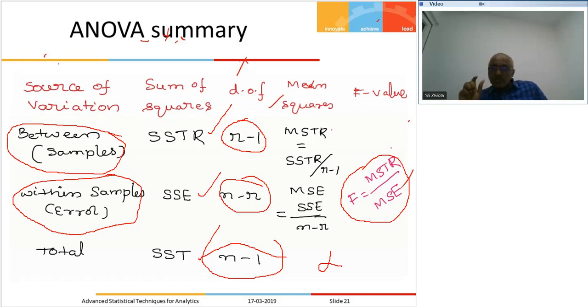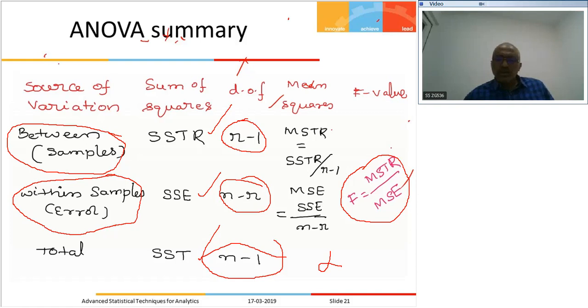In the F distribution table we have two types of degrees of freedom. I think I forgot to copy the table to show, it would have been very fine actually. So numerator degrees of freedom as well as denominator degrees of freedom we have.